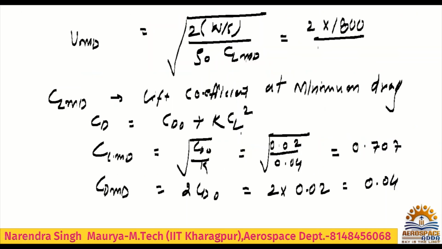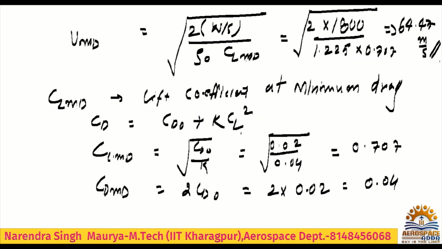See this value, 1.225 is given. You write here 1.225 into C_L_MD, which is 0.707. You just calculate this value. If you do this calculation, how much you may get? It will be 64.47. This is your answer.